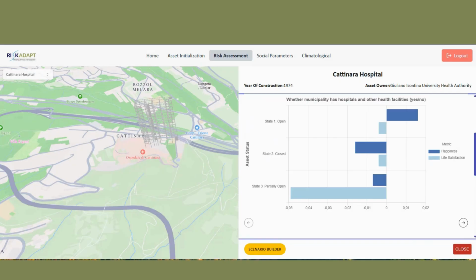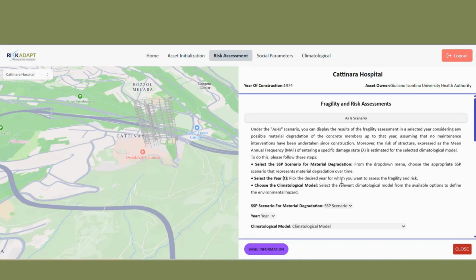And now we have another function of the platform, which is the scenario builder. This is very important, because based on that you can estimate the probability of failure or of being in a damaged state. For the case of the hospital, as we said, we have only one scenario, the as-is case, because we didn't use any adaptation options.